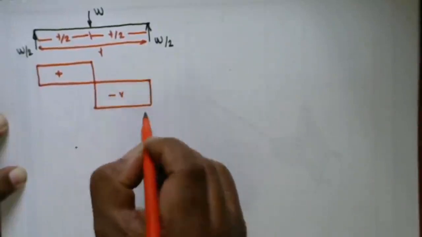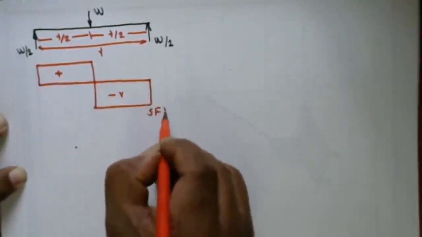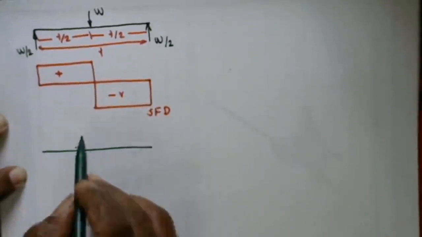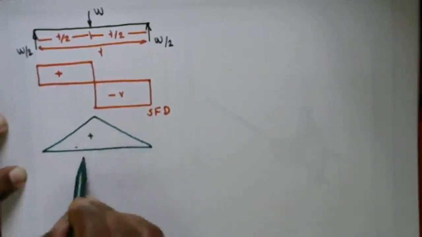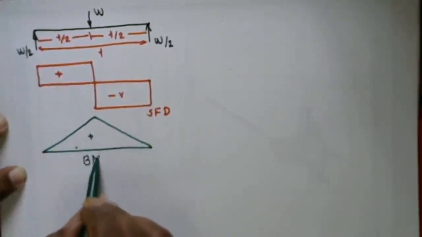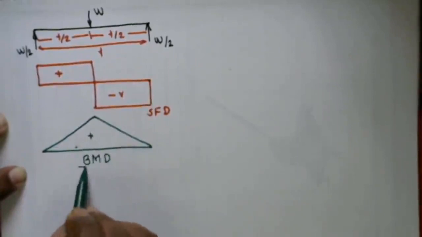This is the shear force diagram, SFD. Then if we have to plot the bending moment diagram, for that section it will be a positive bending moment diagram. That is the BMD.